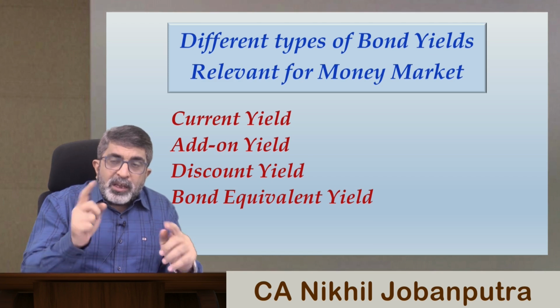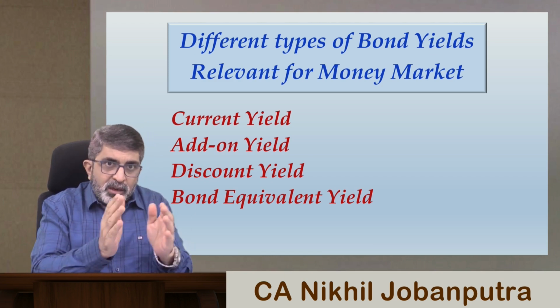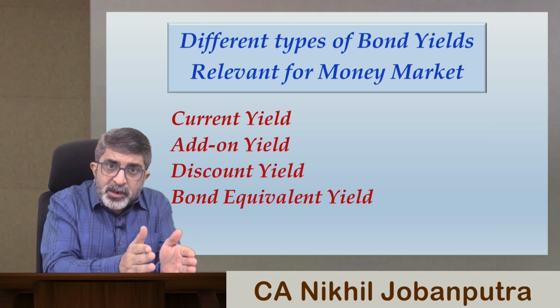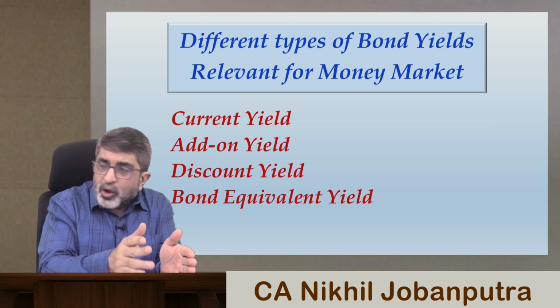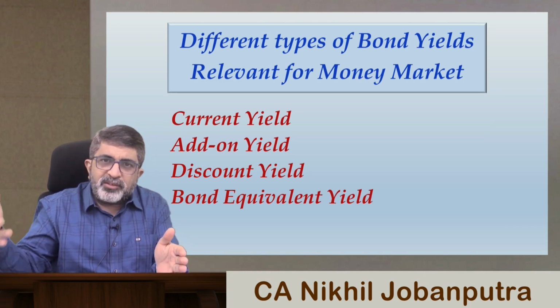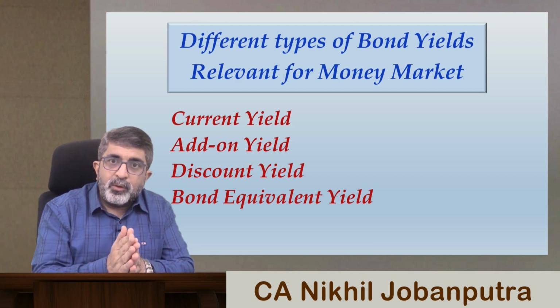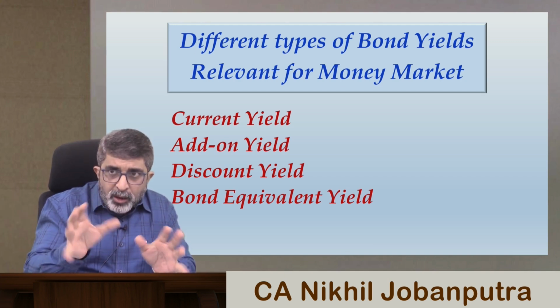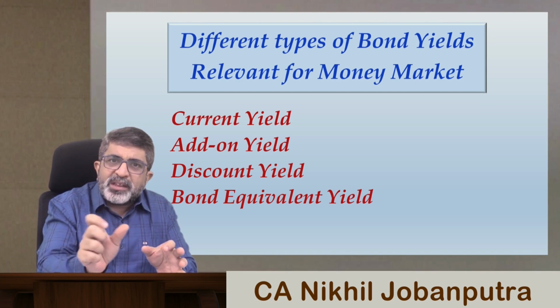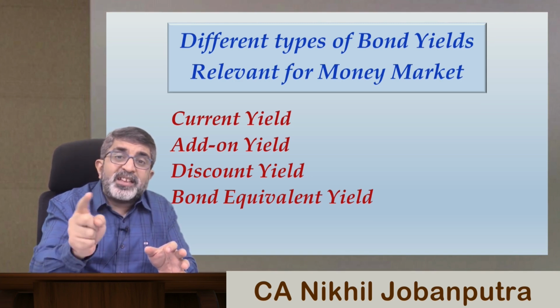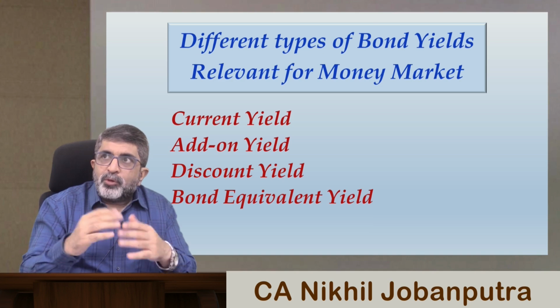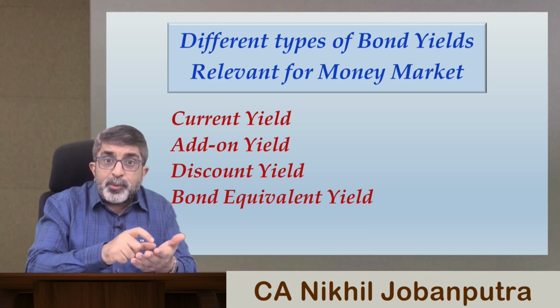If you understand this whole thing, the current market price of that instrument is $980. On maturity, maybe after 3 months, you are going to get say $1,000. So the holding period yield over there is 2% on a discount yield basis. As I said, 2% is computed on the par value.